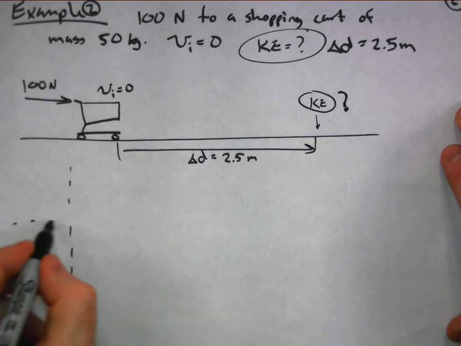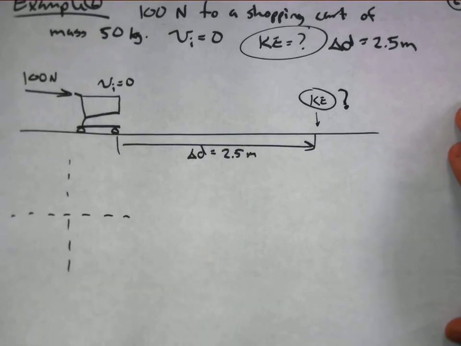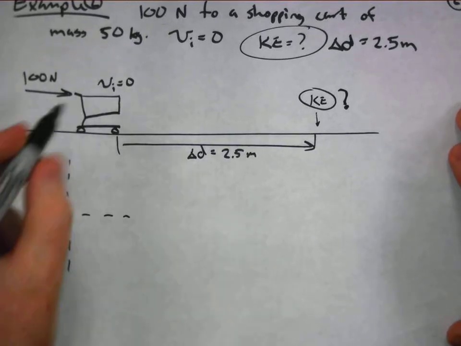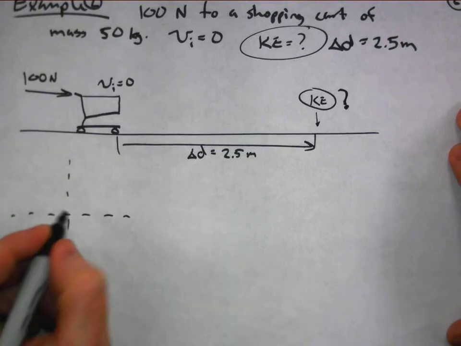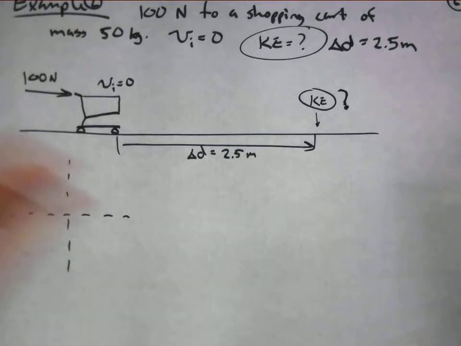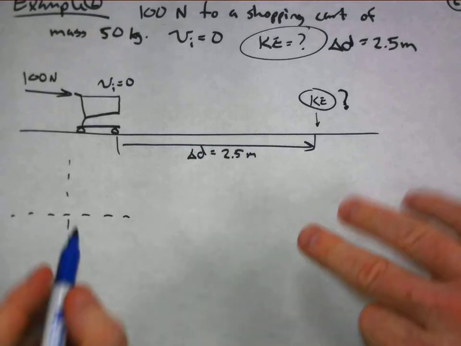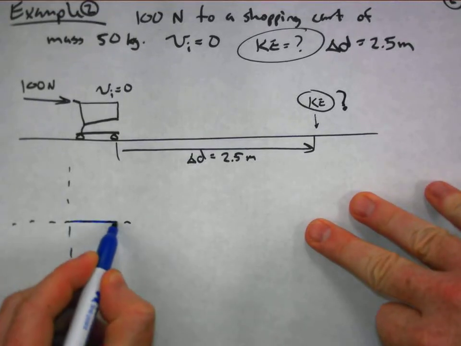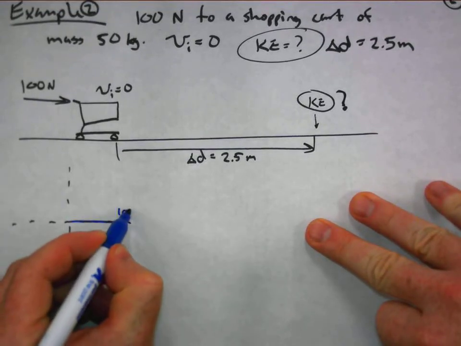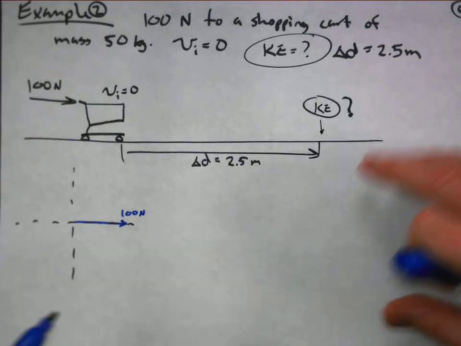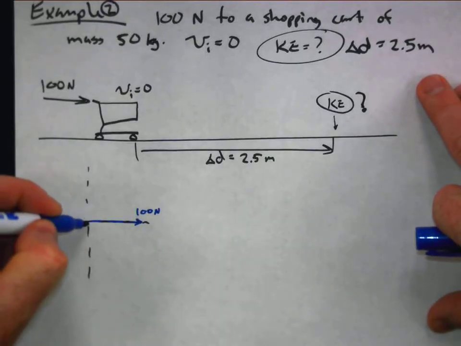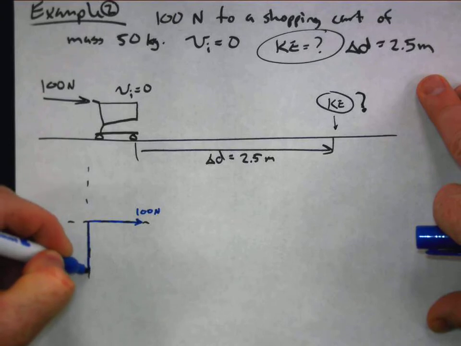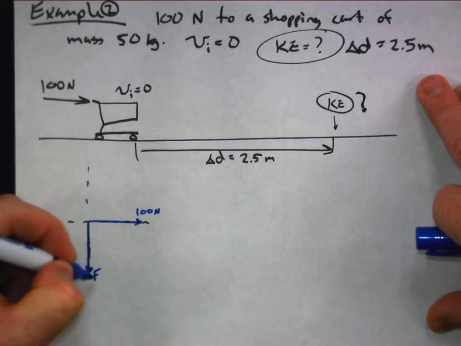Because I try to be good at physics, I'm going to do the whole free body diagram thing. The forces acting on the shopping cart: of course, you have your 100 Newton push. But the cart also has its own weight. I don't know how long to draw that arrow, but there's a weight.